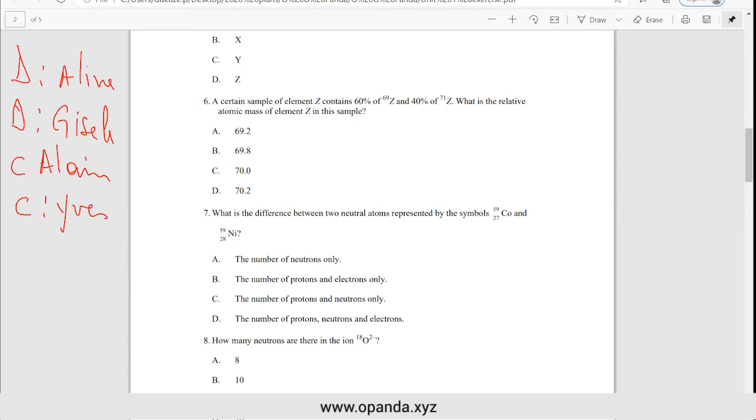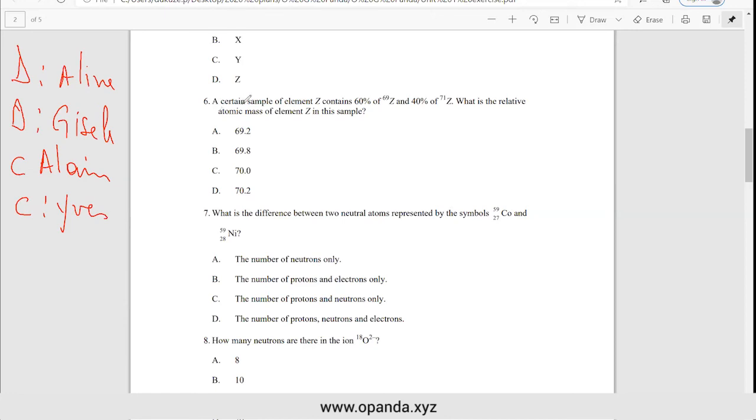Yes. On number 7, I choose D because if we try to calculate the number of neutrons, we'll find that on cobalt we have 31 neutrons, while on nickel we have 31.